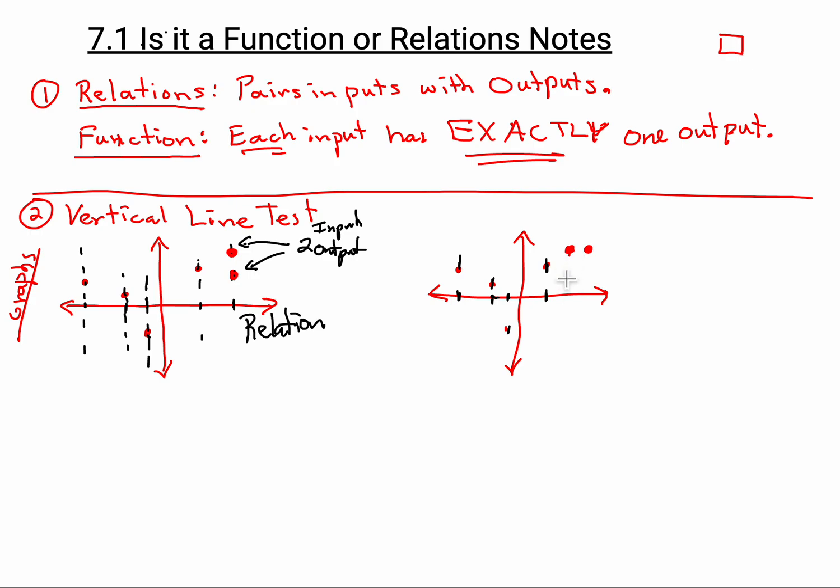And this input, even though the output is the same, this input has exactly one output. So it does have exactly one output. Now I'm going to go to the next one, and this one has exactly one output. So this is a function, and it's a function because it passed the vertical line test.